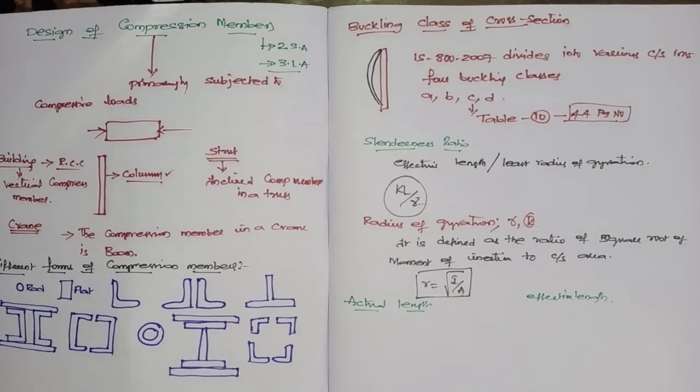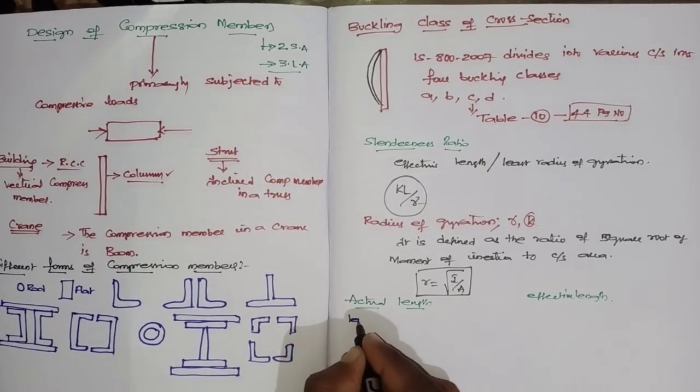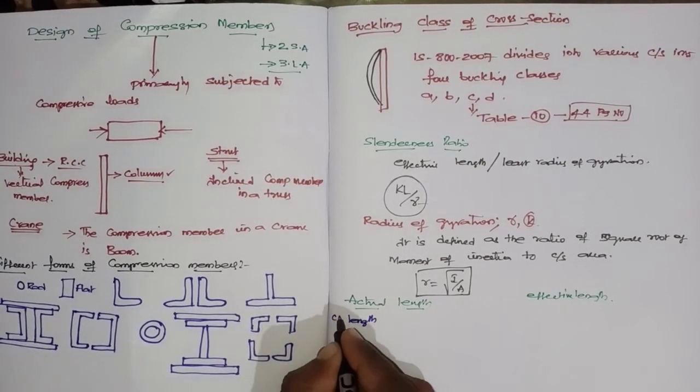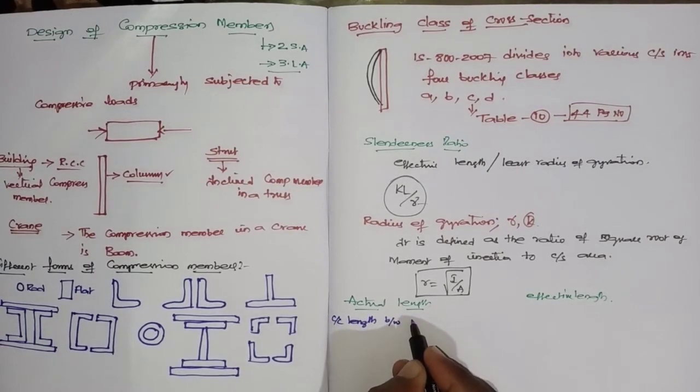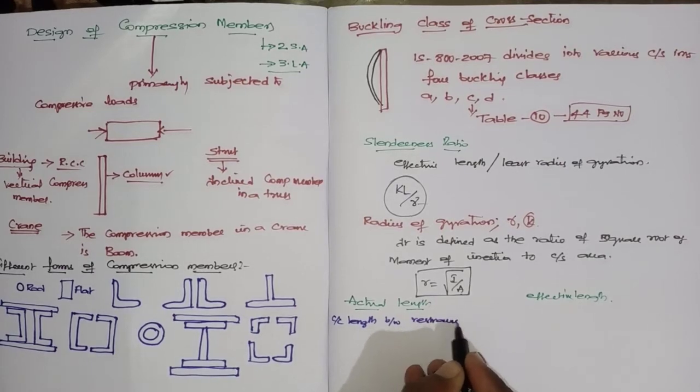You will be restraining the ends. Different types of restraint conditions are there based upon the length. The center to center distance between restrained ends is what is called the actual length.